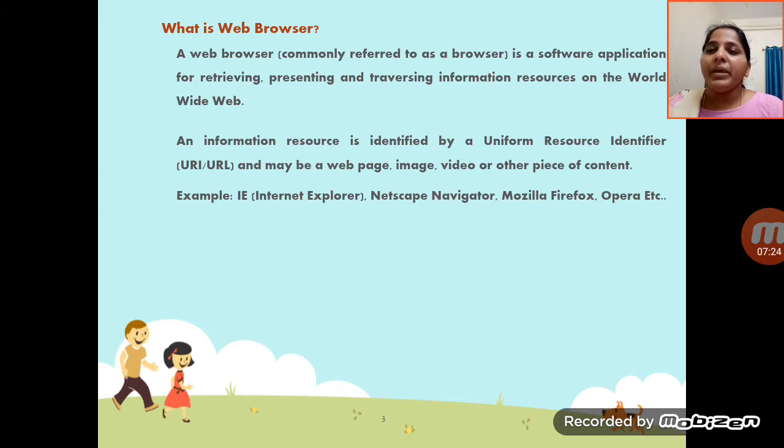In a web browser, images, videos and other pieces of content will be there. Whenever we are searching in the web browser, it has images, videos and other pieces of content. For example, so many web browsers are known to all people.